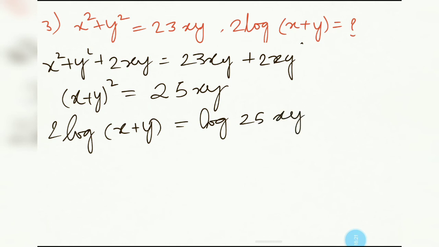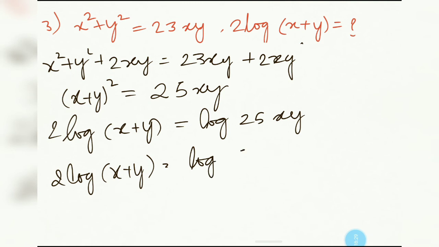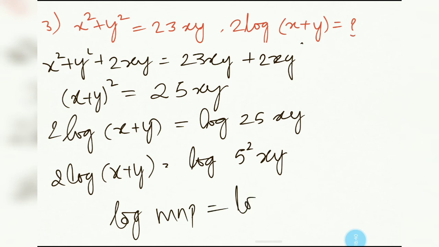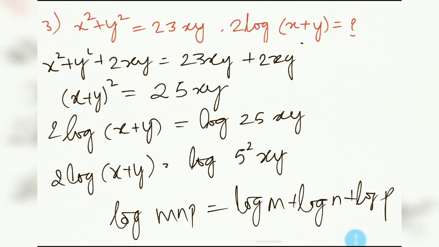Okay, now 2 log (x plus y) is equal to log 25, which can be written as 5 square, multiplied by xy. Now we all know this law, right? Log mnp is equal to log m plus log n plus log p. Correct.